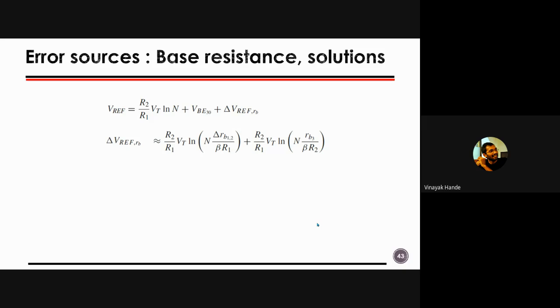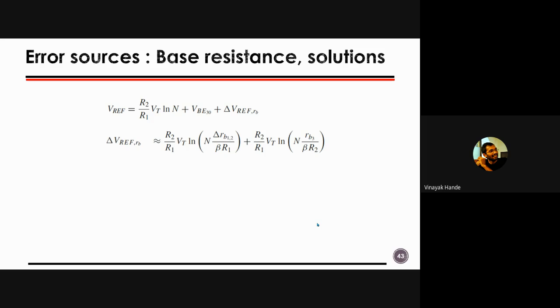But apart from that, how do we get rid of this error? We cannot get rid of the base resistance error completely. We can have some extra damping to the well, which is one way to reduce the value of RB1, RB2, and RB3, right? Extra damping means putting extra connections to the well in the BJT.